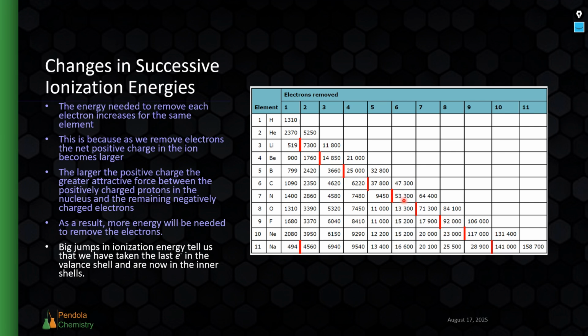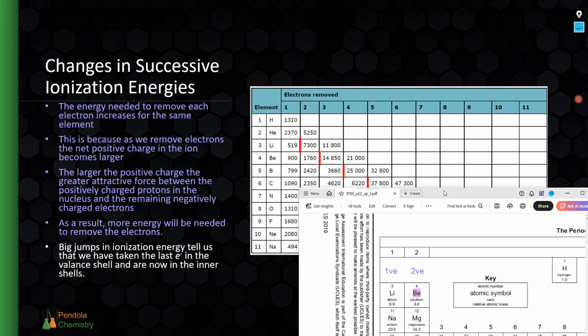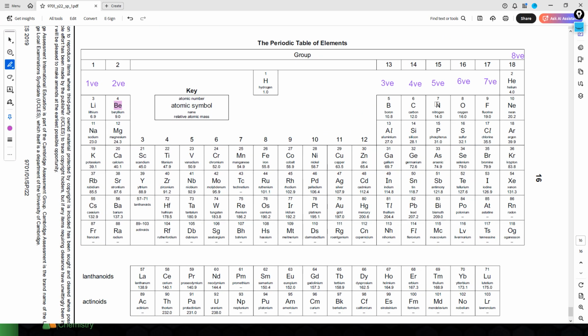Because there is a big jump between ionization energy 5 and ionization energy 6, we know that there are 5 valence electrons in nitrogen. And that checks out because nitrogen is in the 15th group, giving it 5 valence electrons.